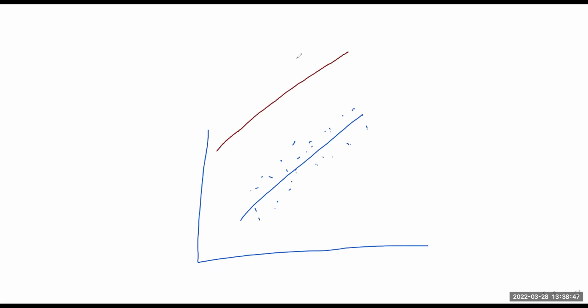Let's say there's a few points here too. Which one's the best fit line of the two? The brown one or the blue one? Why? More points are in that general area.